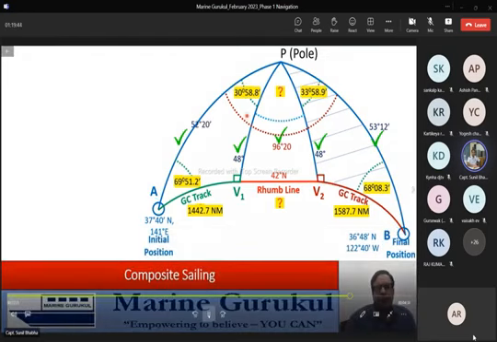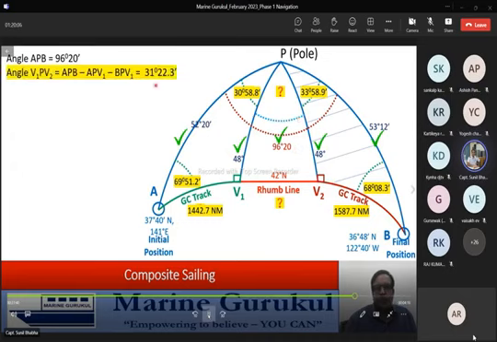So now, if you see in this diagram, there are only 2 question marks left. Rest of the unknowns have already been calculated and filled in. One is this angle. Since we know these 2 angles, this angle can be easily found. So now angle APB is 96 degrees 20 minutes.